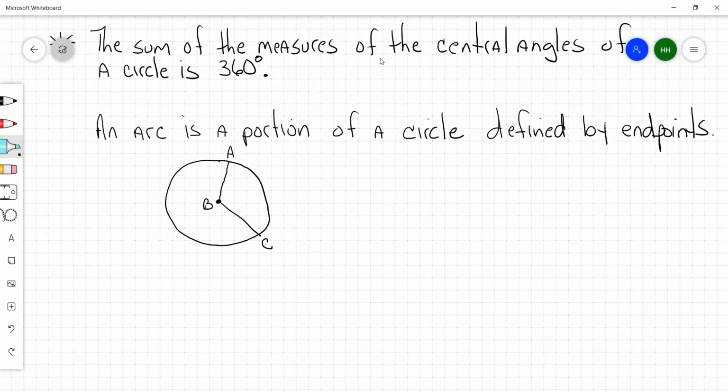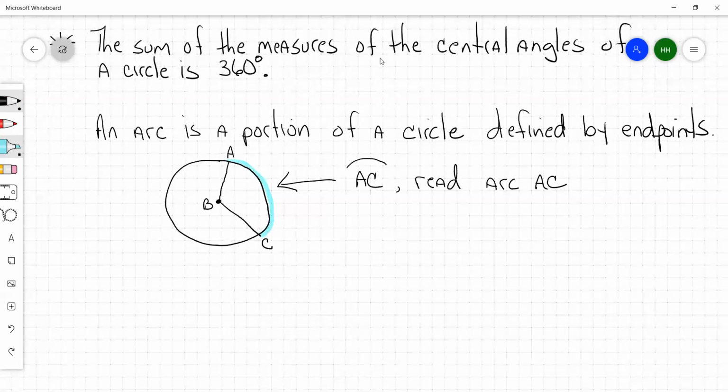Do you see this portion of the circle? That portion of the circle is arc AC. Read arc AC. That's the symbol for arc.